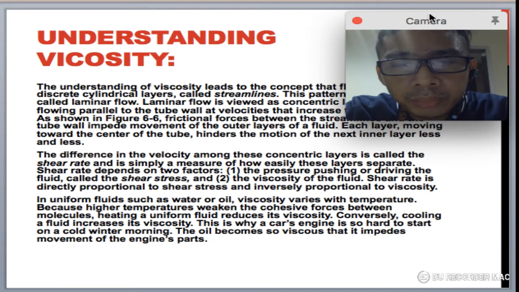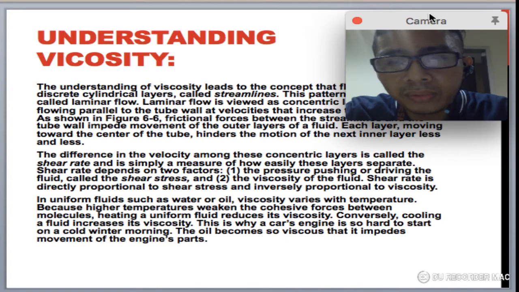Second is the viscosity of the fluid. Shear rate is directly proportional to shear stress and inversely proportional to viscosity.